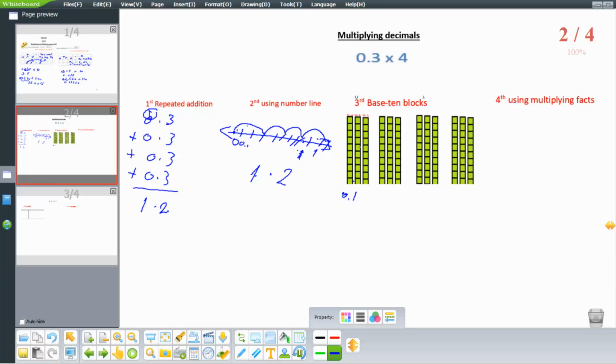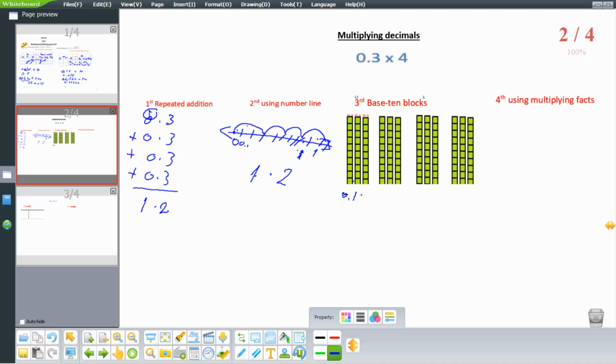And here we have 1/10 again, and here we have 1/10 again, which is 0.1, 0.1, 0.1. So we have 0.1 plus 0.1 plus 0.1, it means 0.3. And 0.3 is repeated how many times? 4. So we are going to repeat this drawing 4 times: 0.3, 0.3, 0.3, 0.3.